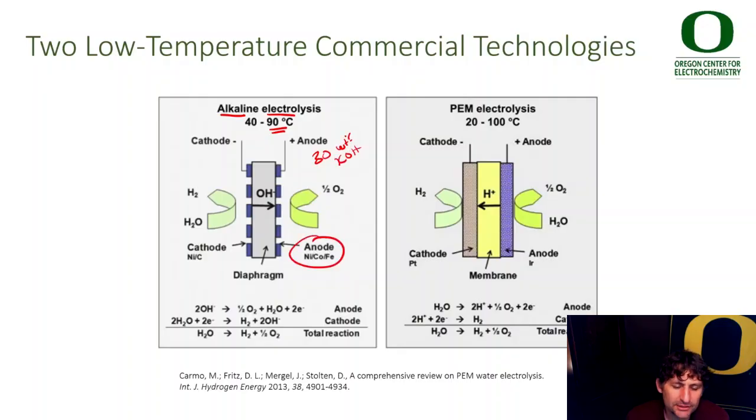You have an anode. It's typically a non-precious metal anode composed of nickel or cobalt iron containing catalysts on the surface. A cathode, a pure nickel cathode, sometimes supported on carbon. And those electrodes are placed close or even on, in a so-called zero gap configuration, a diaphragm. And remember, a diaphragm is just a porous separator.